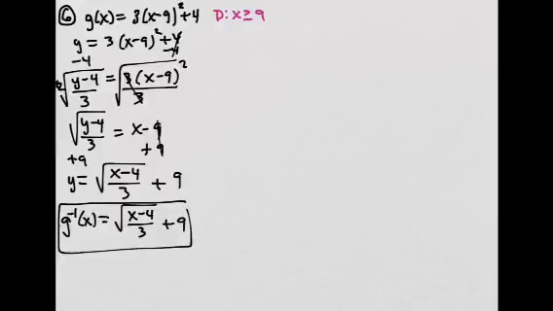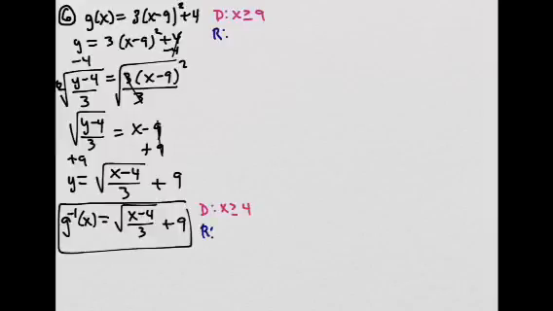Oh, and by the way, right here, you ask yourself what makes the numerator here 0, and the answer is 4. So this tells you that the domain of the inverse function is x greater than or equal to 4. So then the range, remember how the domain and range switch for the original and the inverse?